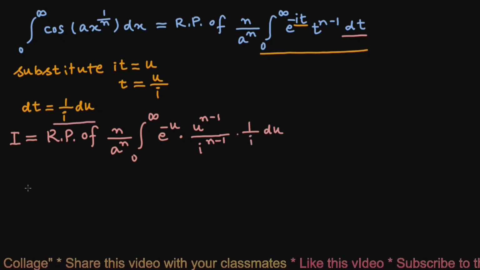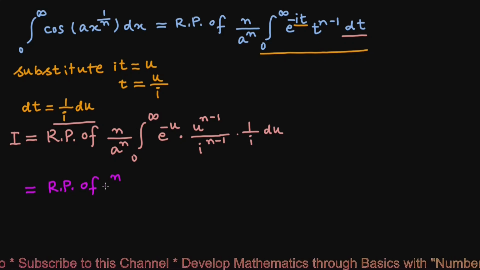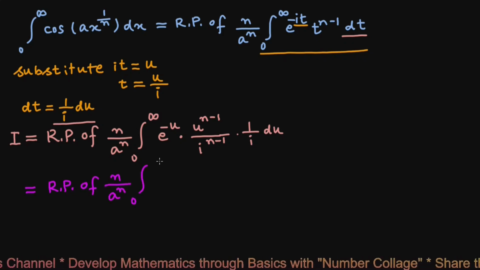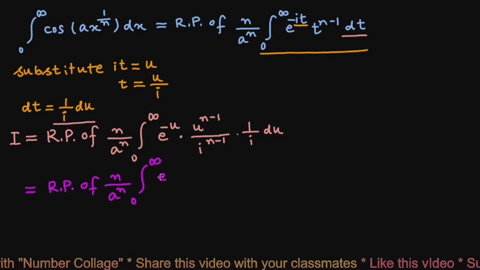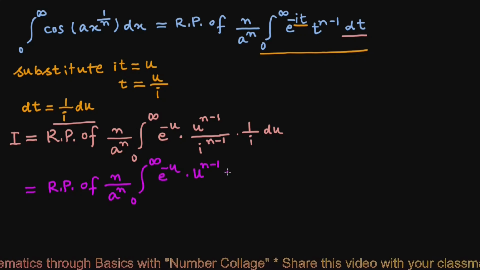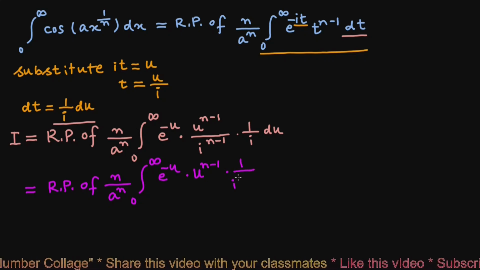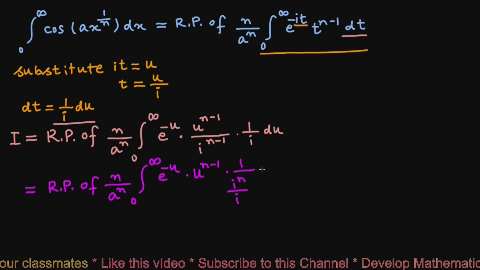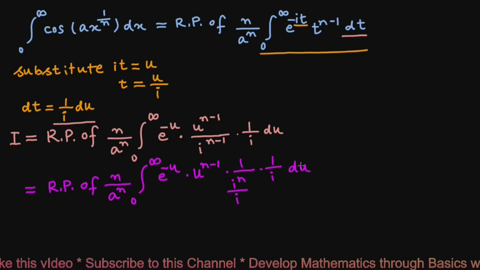This further will be the real part of n upon a raised to n, integral from 0 to infinity of e raised to minus u into u raised to n minus 1 into 1 upon i raised to n upon i into 1 upon i du.